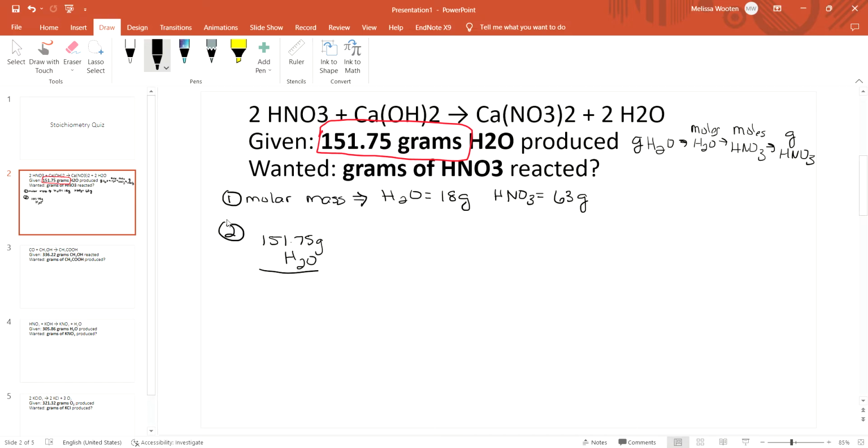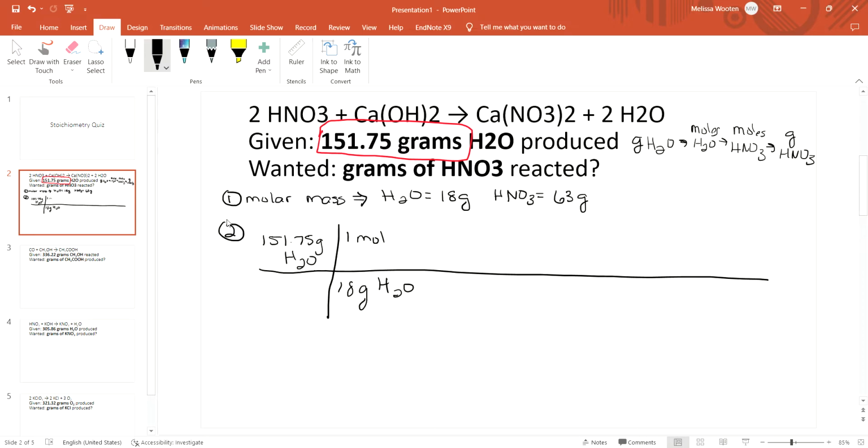Okay. We have to go from grams of water to moles of water. So there's 18 grams. Remember, these have to cancel because they're diagonally across from each other. You have 1 mole of water. So here we went from grams of water to moles of water.